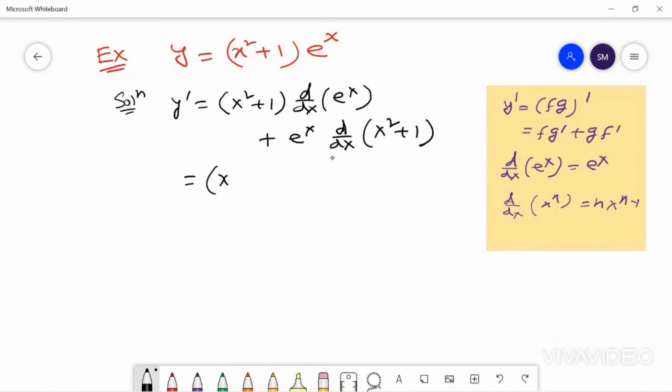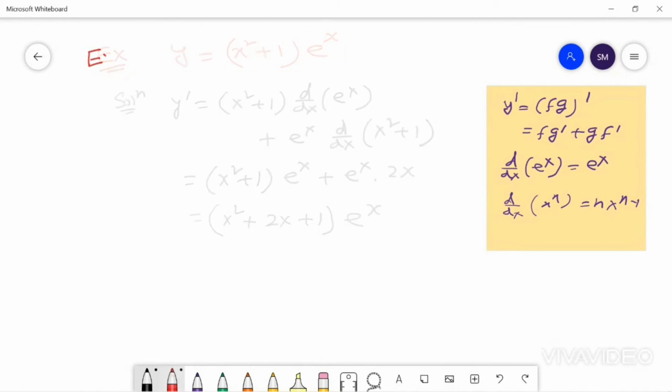This is a simple derivative, so it can be written as (x² + 1)e^x plus e^x multiplied by 2x. Now just simplify it and you will get the final answer.